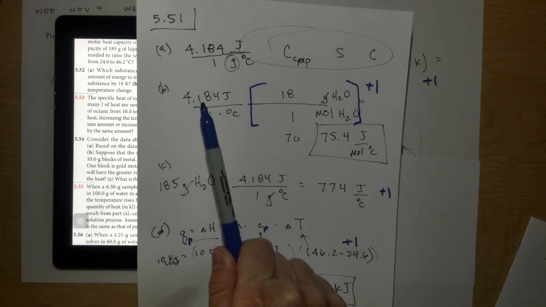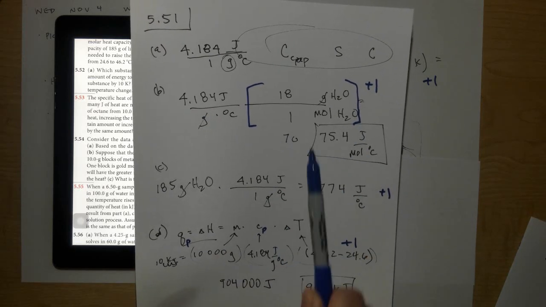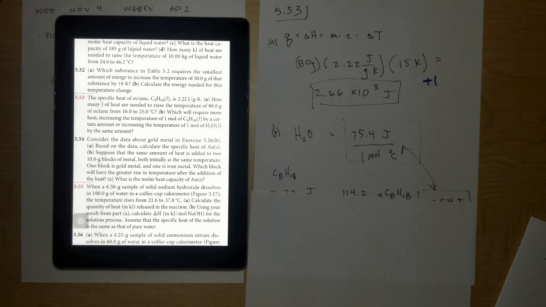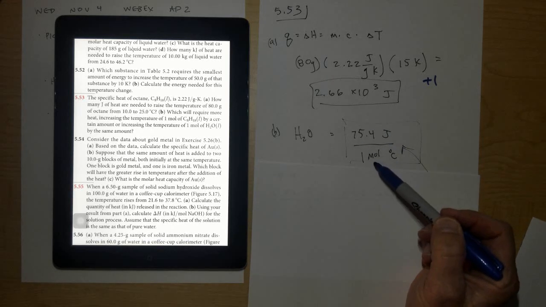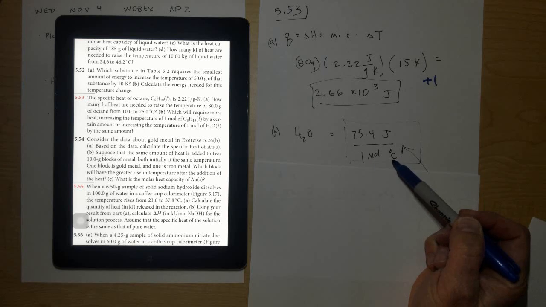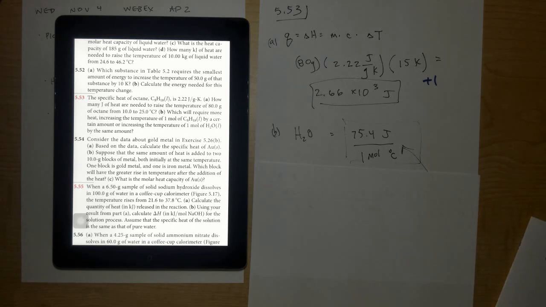I found the molar heat capacity of water to be 75.4, so I rewrote it right here. This is how much energy it takes to raise 1 mole of water 1 degree Celsius. Now I want to find the same thing for octane, and then I'll compare the two. Of course, whichever one takes more energy to raise it 1 degree Celsius would require more heat.